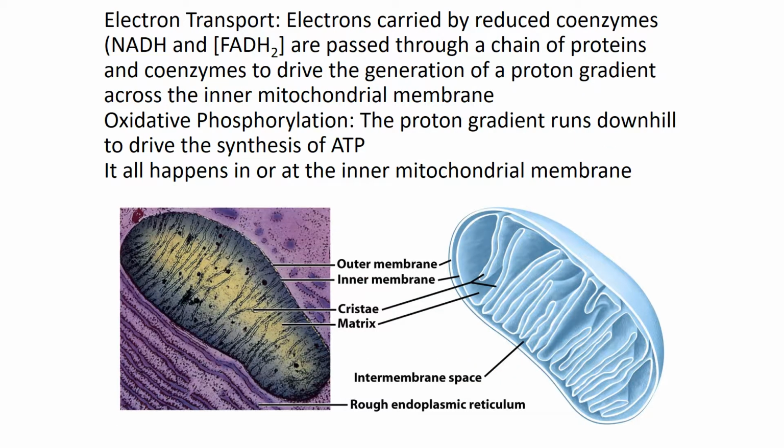So, where does this occur? If you recall, the citric acid cycle enzymes, and we haven't covered this yet, but also the enzymes that catalyze fatty acid oxidation are located in the matrix of the mitochondria. So here's a figure or a cartoon drawing of a mitochondria.